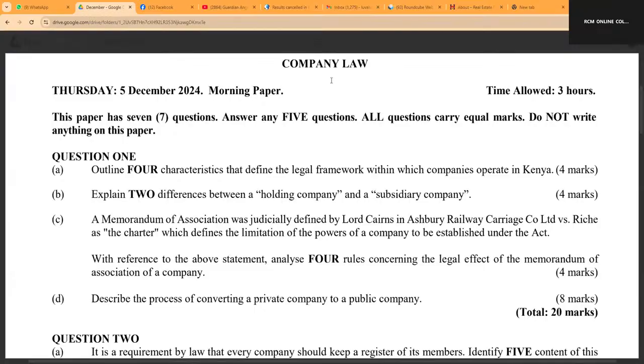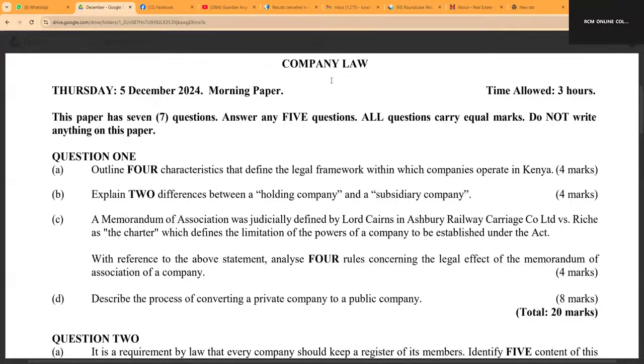So when you talk about a holding company, one difference we can indicate is that a holding company is a company that has a shareholding or an ownership stake in another company.